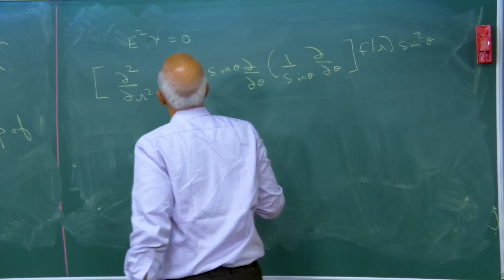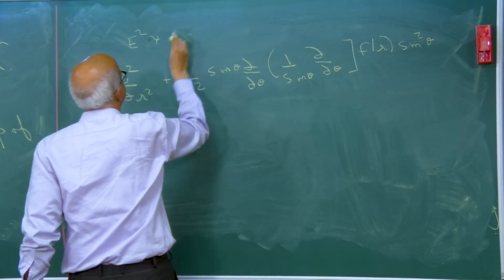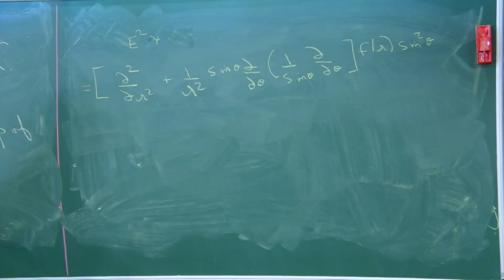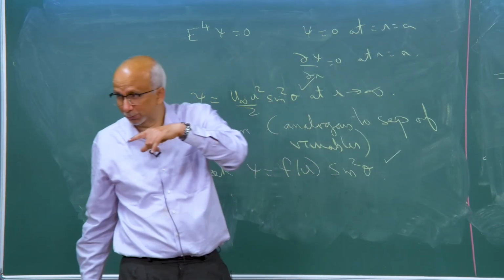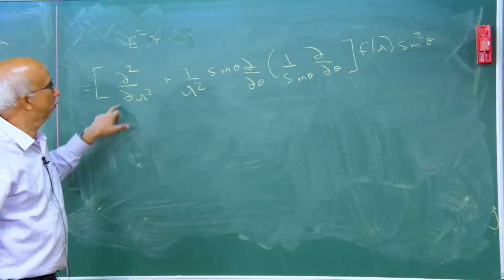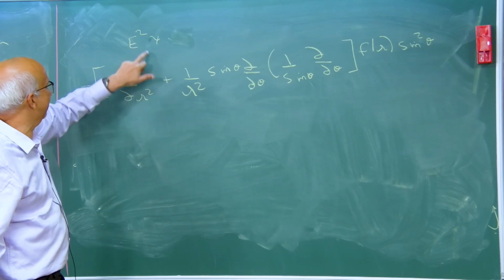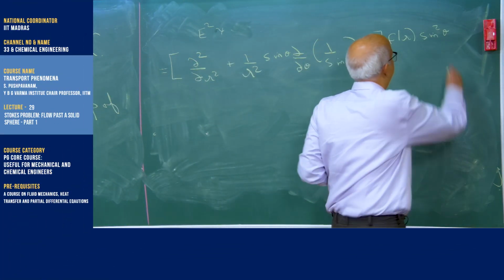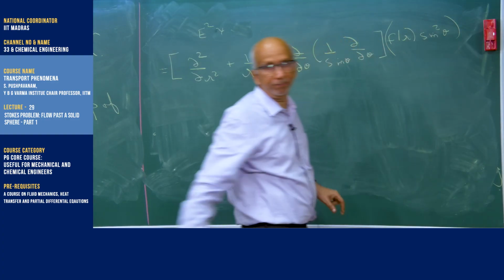This E squared psi is not equal to 0. E to the power 4 psi is 0, but E squared psi is not 0. So, I am just writing E squared psi. I hope I remember it right, and this is my form for psi.